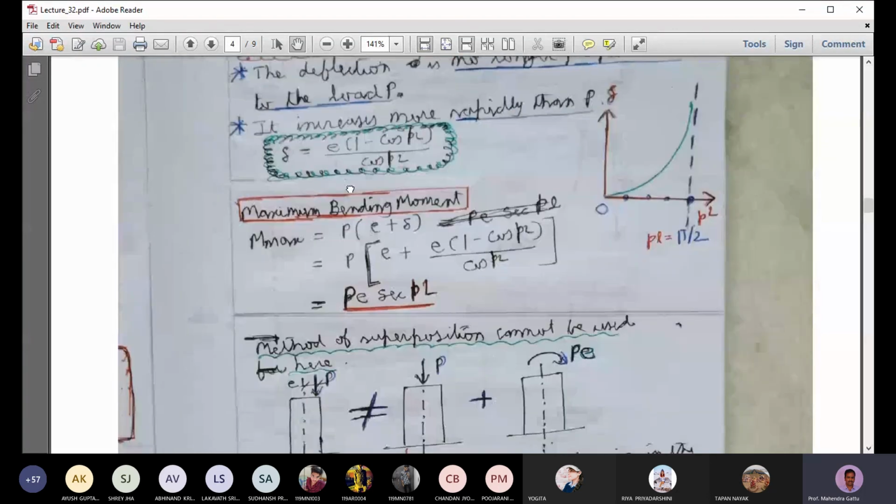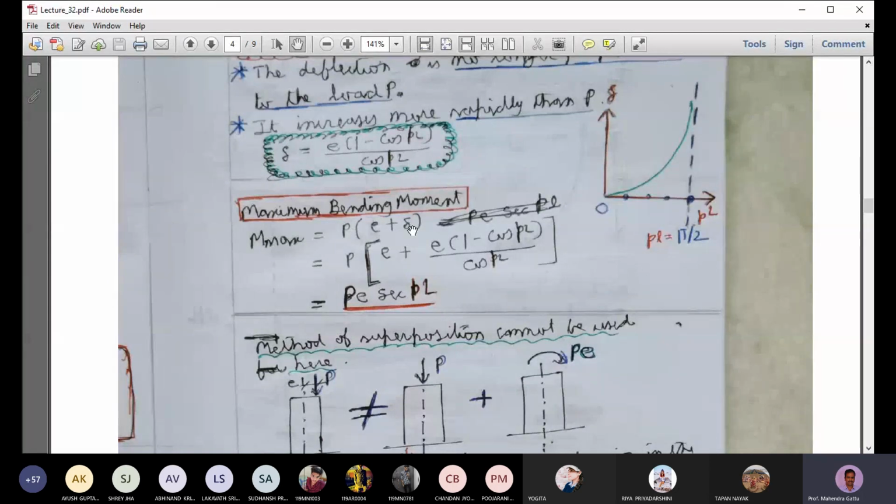We can find out the maximum bending moment which is occurring at the support. That will be P into e plus delta, where e plus delta is the deflection at the top. So the total bending moment will be P into e plus delta, which is the maximum bending moment occurring at the support.